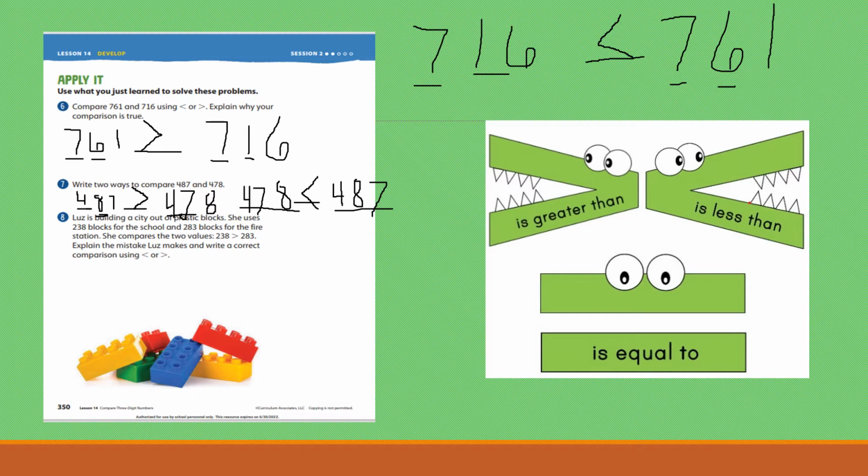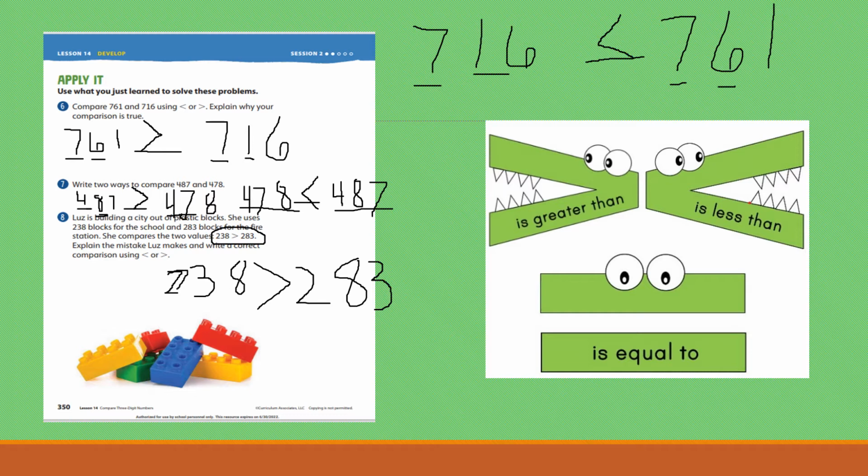Boys and girls, we just talked about that. She's saying that 238 is more than 283. Let me write that. 238, she is saying, is more than 283. She is wrong. And it's telling us she's wrong. It says, explain her mistake.